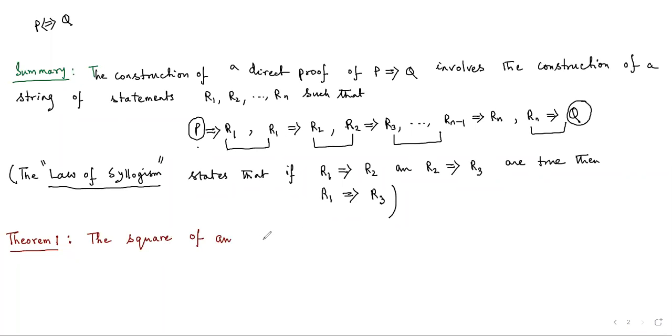So let's see. The square of an odd integer is also an odd integer. This is a very well-known result, and I can say that you have encountered it in your school book, because the knowledge of even and odd numbers starts from class 1.